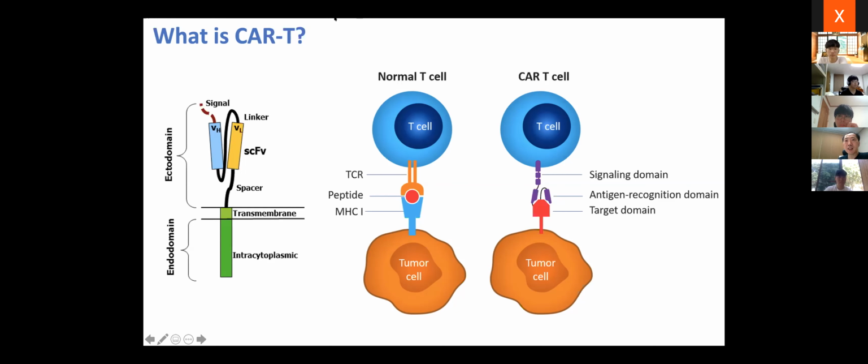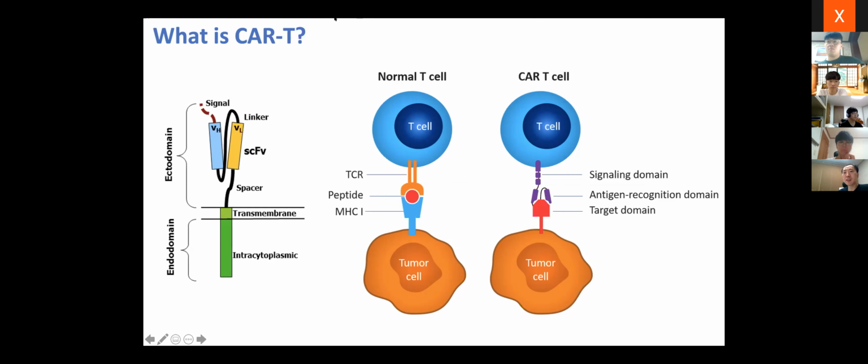Okay, CAR T's receptor is an antibody-like structure, and an antibody-like structure does not require the presence of MHC. You can directly bind to the target. That's why, in normal T cells, the peptide cannot be too big, and it needs to be partially bound to MHC so it can be presented.